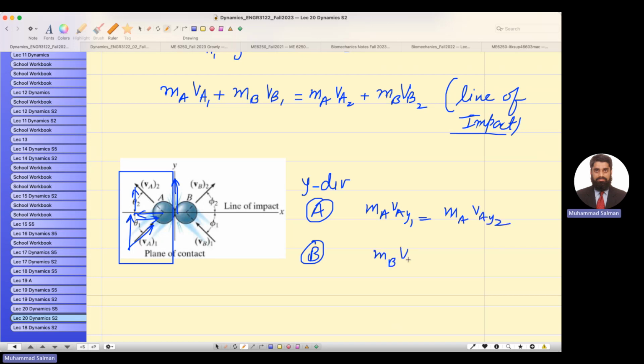MB for body B in the y direction, MB VB y2. So you get two extra equations. Along the y direction, you will consider the momentum for individual particles separately. That's important. This is only true for oblique impact.